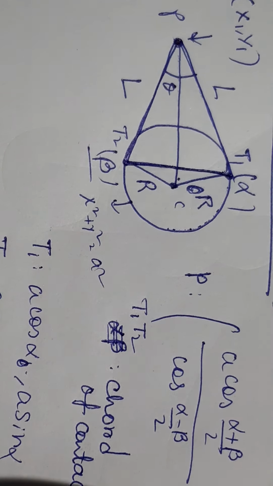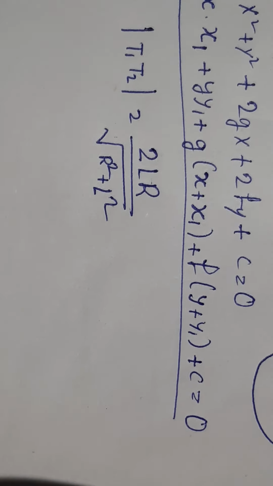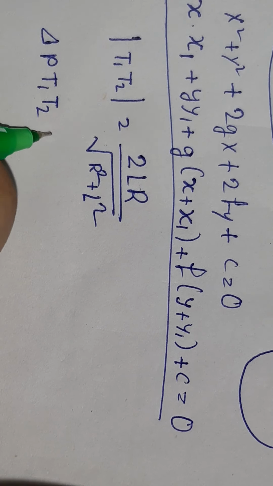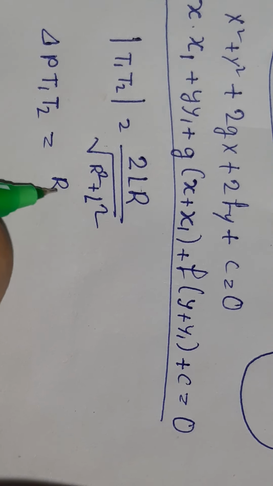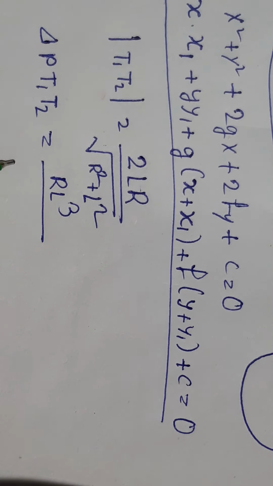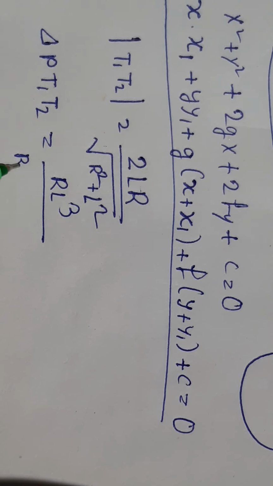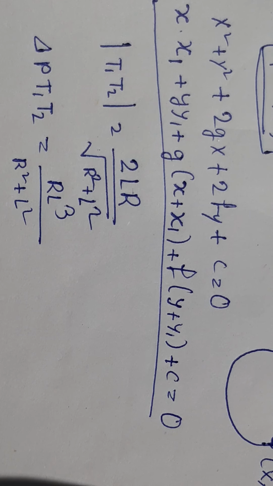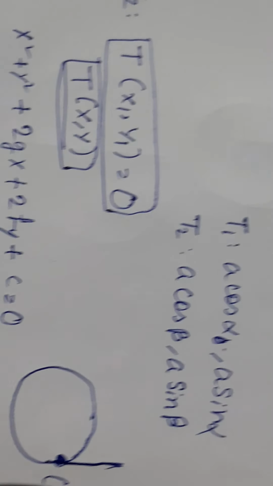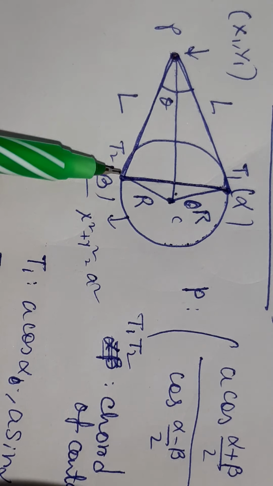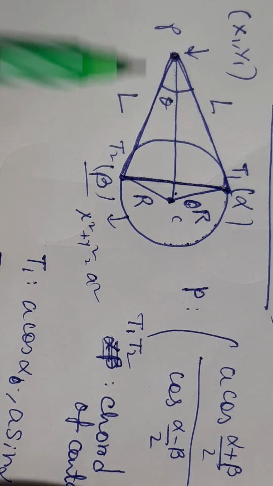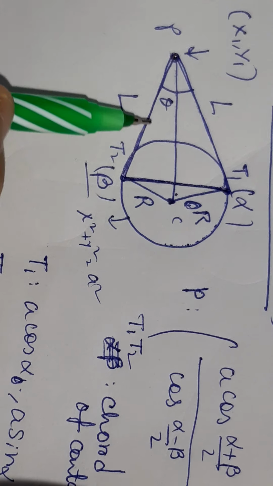So the area of the triangle PT1 T2 is nothing but R into L cube divided by R square plus L square. So you know what R and L mean here.